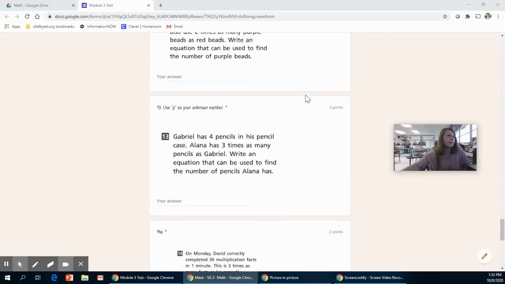Number 13. Again, it says use P as your unknown number. Gabriel has 4 pencils in his pencil case. Alana has 3 times as many pencils as Gabriel. Write an equation that can be used to find the number of pencils Alana has. So Gabriel has 4 pencils, and Alana has 3 times as many as Gabriel.